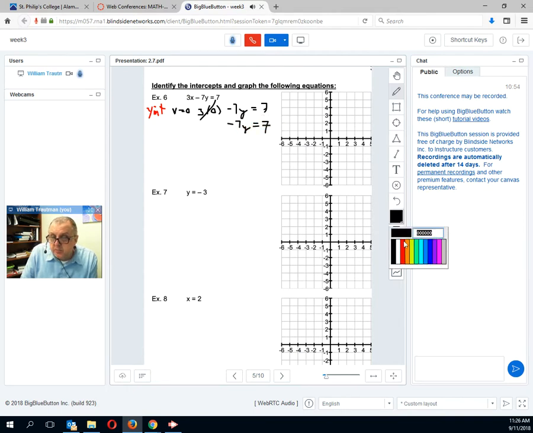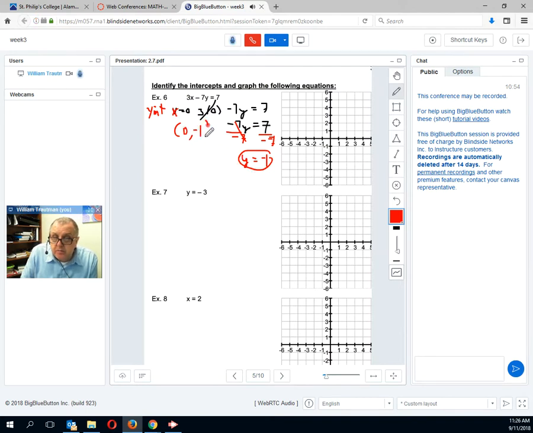I'm going to divide both sides by negative 7. And I get y equals 7 divided by negative 7, which is negative 1. So I made x equal to 0, and my y ended up equaling negative 1. x is 0, y is negative 1. You see, that's a coordinate right there. That's a y-intercept. That's where the graph crosses the y-axis.